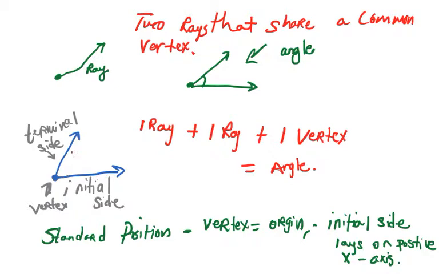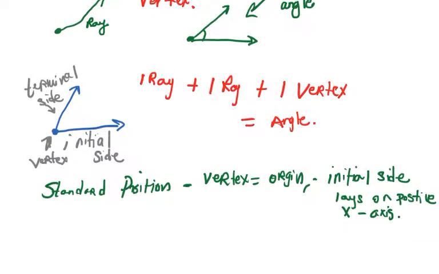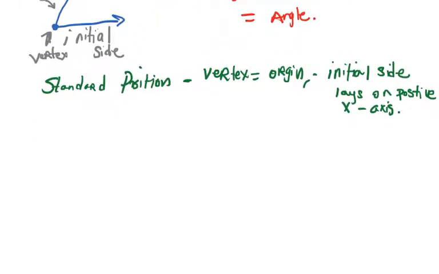We also have the terminal side, which is the last position of our ray. And of course, they share a common vertex. Now, all of the angles that we're going to be dealing with are going to start in standard position. Standard position has the vertex at the origin, and also the initial side usually lays on the positive x-axis. So if you wait a second, we're going to actually do that here.